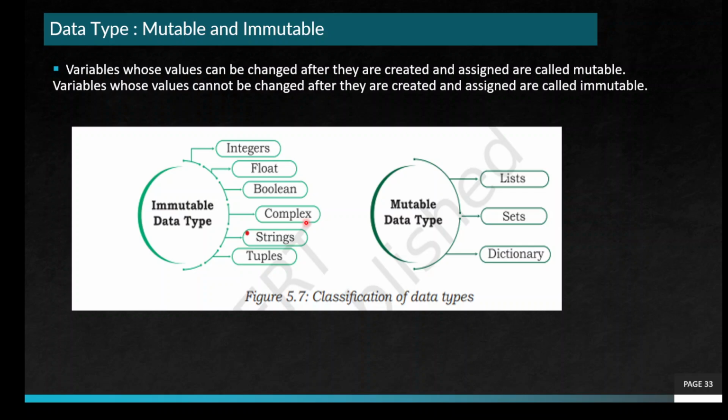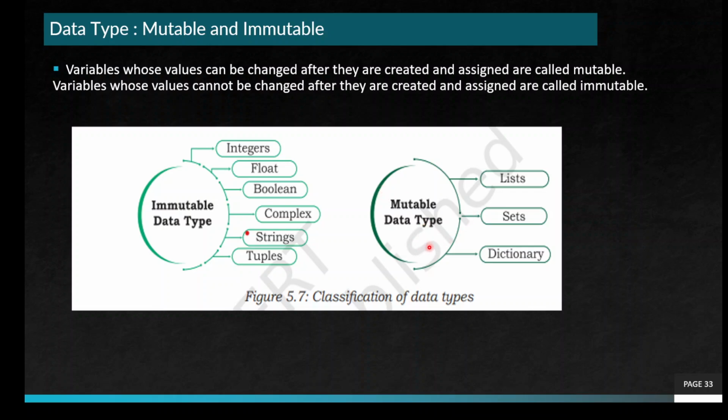That means for the integer data type, the data is immutable. Once we have created and assigned a value, it persists until we modify it. Whenever we modify the value, the old one is destroyed and the new value is created at a new address. The same happens for float, boolean, complex, string, and tuple.